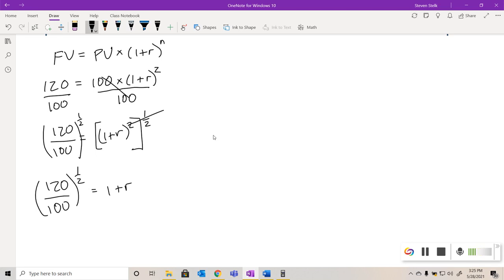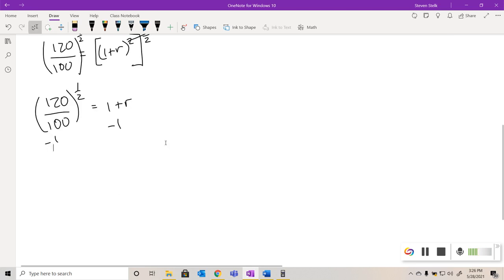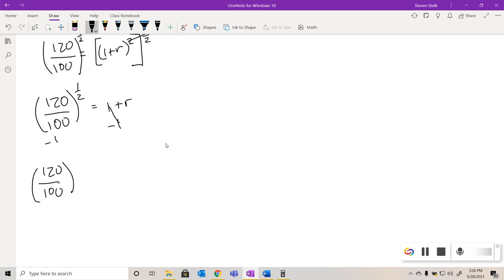Now I've gotten rid of those exponents. And so the last thing I have to do is just subtract 1 from both sides to get that r by itself. So those will, of course, cancel out on the right-hand side, and I'm left with 120 over 100 raised to the 1/2 minus 1 is equal to r.